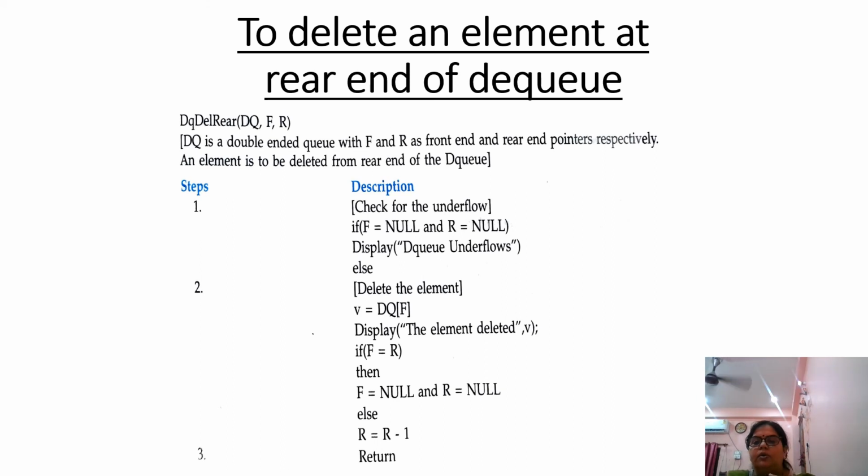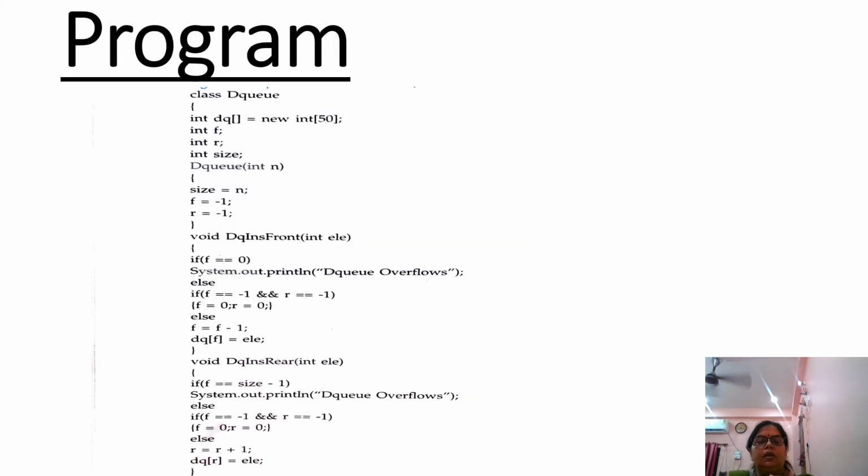Now here is your program of the DQ. That was your algorithm. See how the program has been done here. 50 elements are going to be inserted or deleted. This is int f for front end, this is rear, and this is your size.